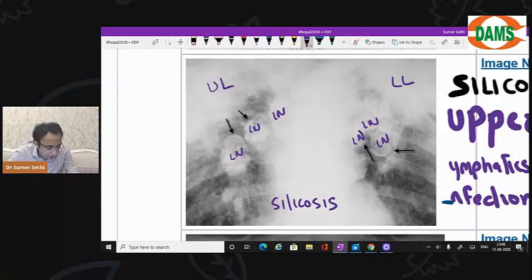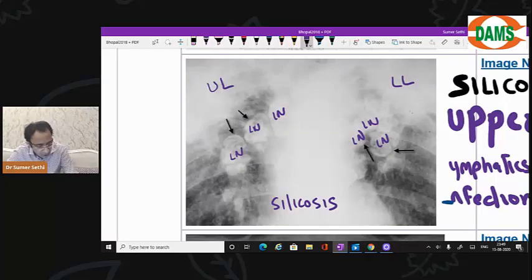Okay, Kinnal beta, are you clear? Lambda sign was on gallium scan. 1, 2, 3 sign was on chest X-ray. Okay, some of you are again asking why TB? Beta, the person working in a gold mine or sand mine is a poor man. He is already at more risk of TB because of crowding and so on, and on top of that his upper lobe lymphatics are damaged by silica-laden macrophages, and that is why they tend to have more chances of developing tuberculosis.